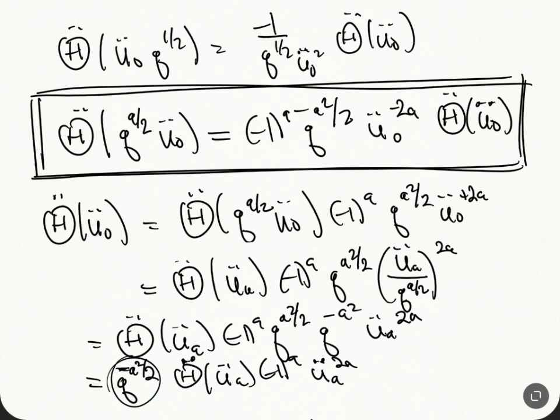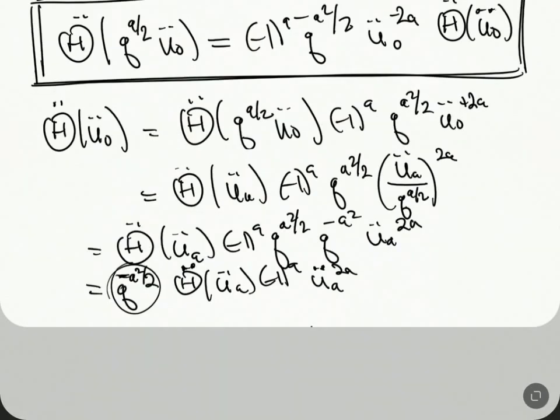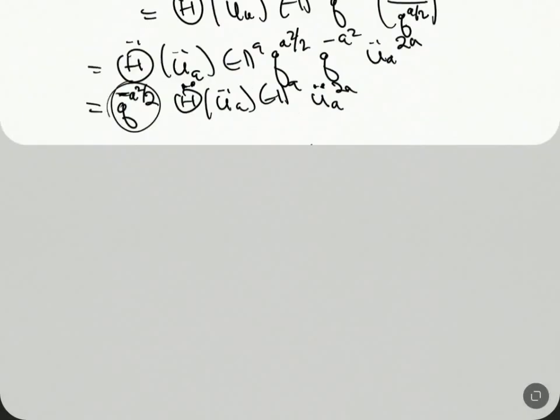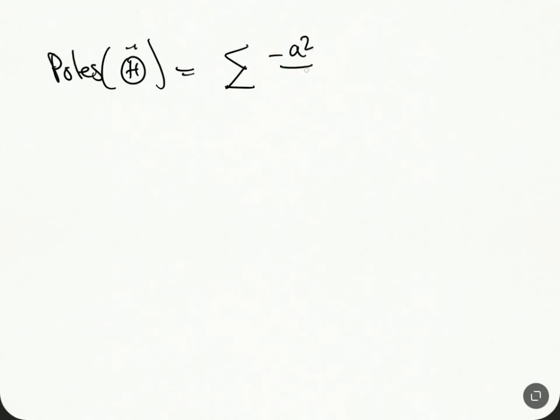Okay, so now this shows us that the poles here, so this thing is this certain divisor, and the divisor is minus a squared over 2 times the order of vanishing of q times the a-th component here. So this is for a in the integers.